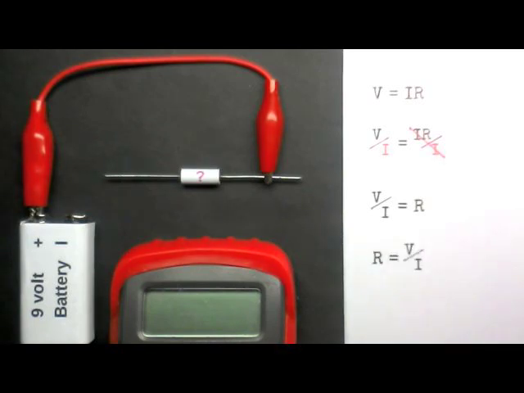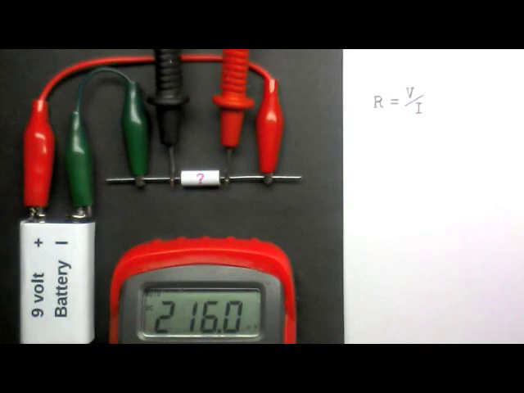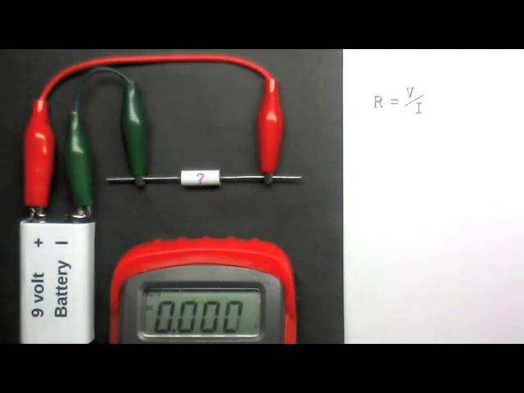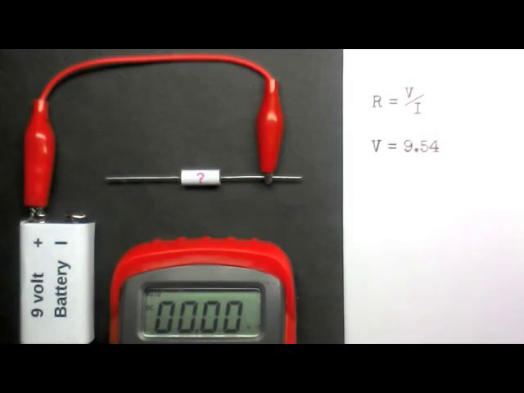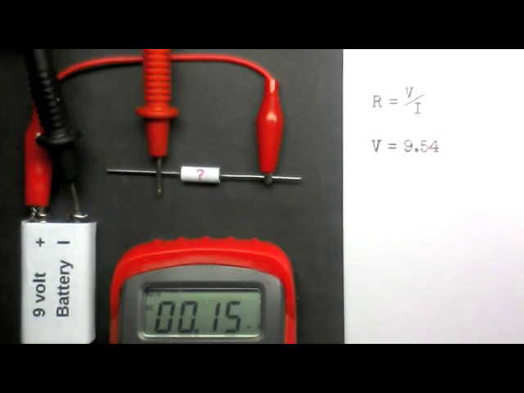Let's put the green jumper back in place to measure the voltage. And we have 9.54 volts. We'll remove the green jumper and measure the current. 0.15 milliamperes.